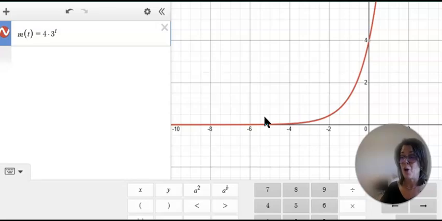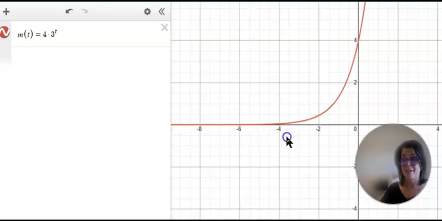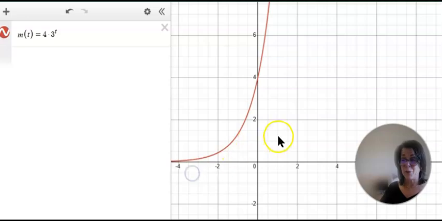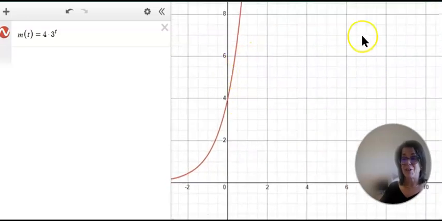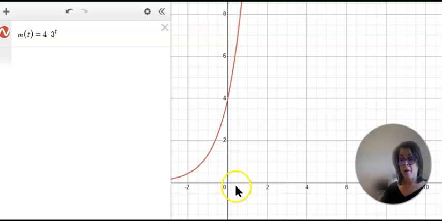Neither of those things can go into the negative. So what we're really interested in here is the first quadrant, only this piece of the graph. Think about what t is. T is our x. Time can't be negative, and neither can the number of fish or how big that fish is. Right? So we're really only interested in quadrant 1, the upper right region of the graph.